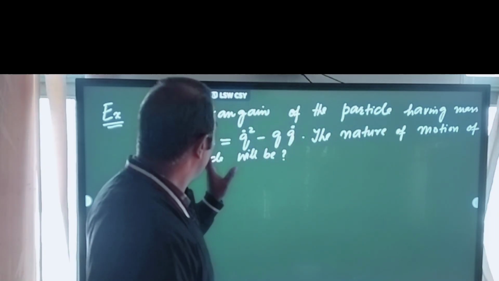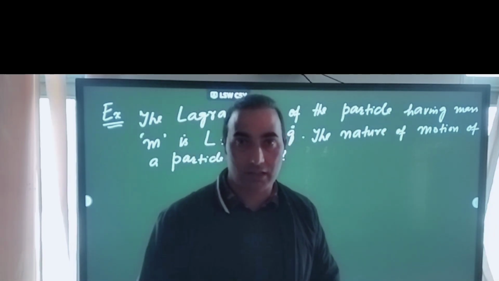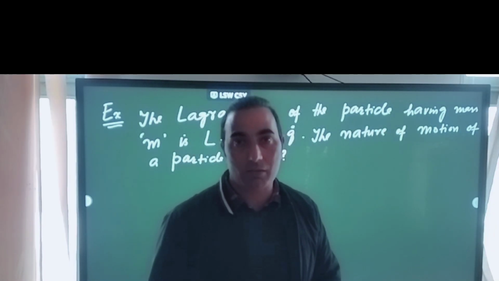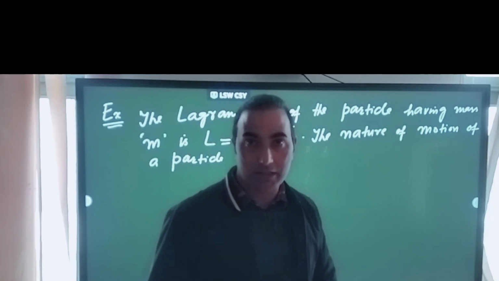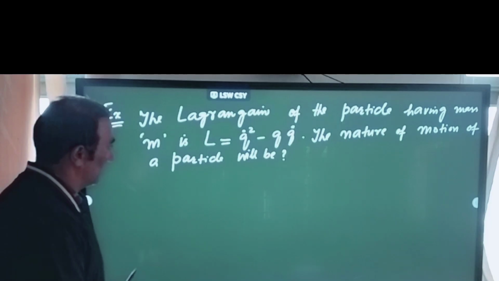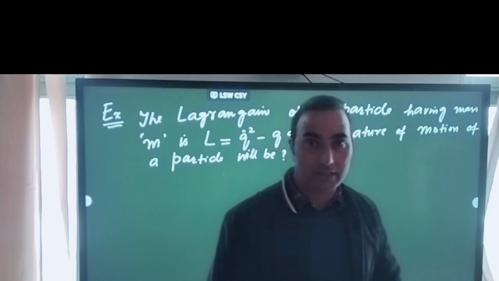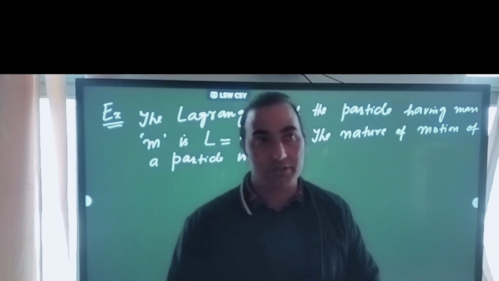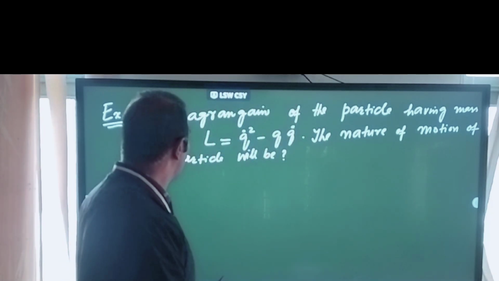So the second problem here: now suppose we are given a Lagrangian that has some form like L equal to Q dot square minus Q dot. I'm taking Q as the coordinate, right? In general I'm saying that this coordinate is Q, right? So the Lagrangian is given for some particle whose mass is m, right? Now we have to say what the nature of motion of the particle will be.